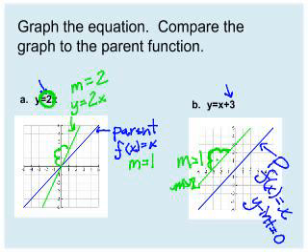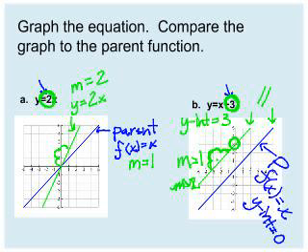So this second line, the green one, has the same slope as the parent. Hopefully right now you're all thinking, oh, that means they're parallel. Yes, they are parallel. So what's the difference between the parent and the new line that makes it parallel instead of, for instance, the same line? You notice that the y-intercept is different. The y-intercept of my new line is 3, and here's the 3 in the equation.